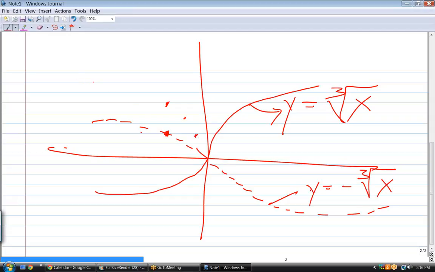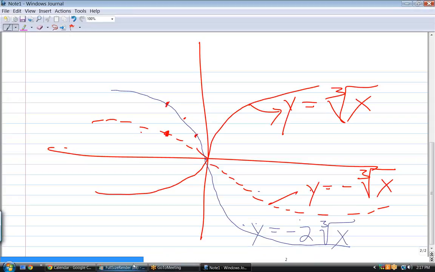The net effect would be, let me draw it in blue, something that looks like this. In other words, that's a vertical stretch from the dotted red line. So this would be y equals negative 2 cube root of x.